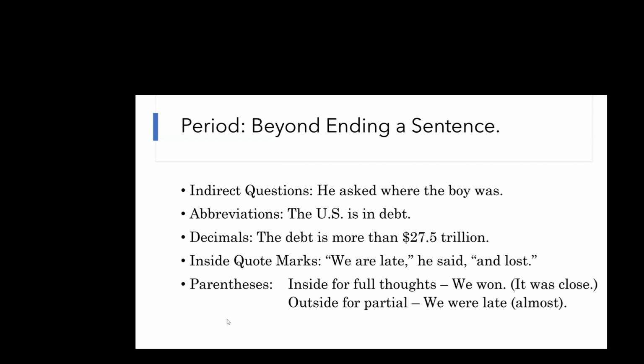Notice that the "and," since it's part of a continuing sentence, doesn't get capitalized. So the full quote is actually, "We are late and lost." The attribution, the "he said," is put in between "we are late" and "lost" since it's a good breaking point to introduce who the speaker is, in this case, he.